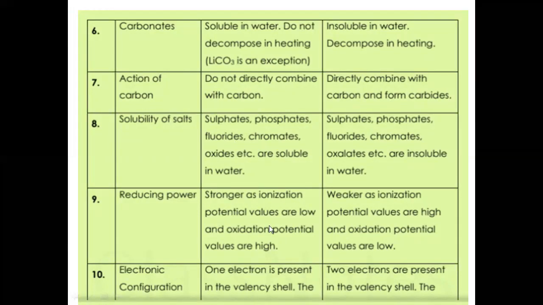The reducing power of alkali metals is high and ionization potential values are low, while for alkaline earth metals the ionization potential values are high and oxidation potential is low. Electronic configuration is ns1 for alkali metals and ns2 for the alkaline earth metals.